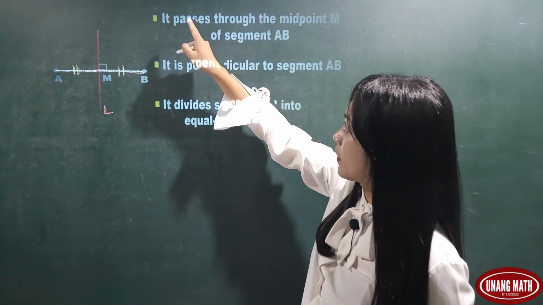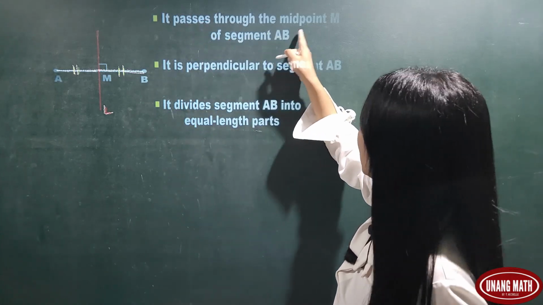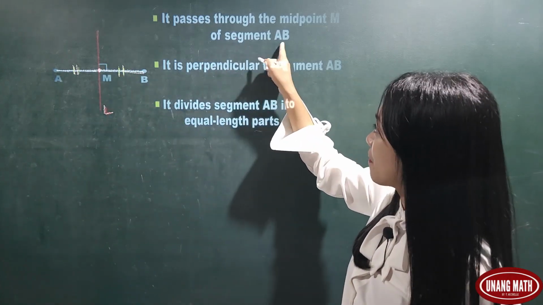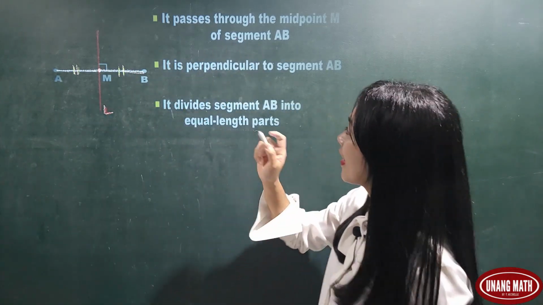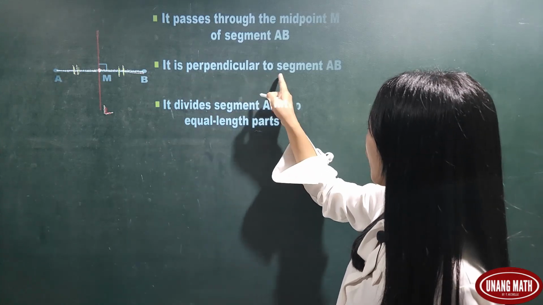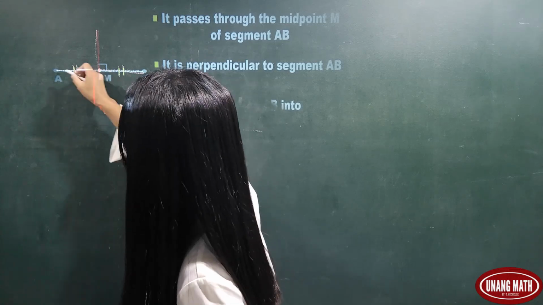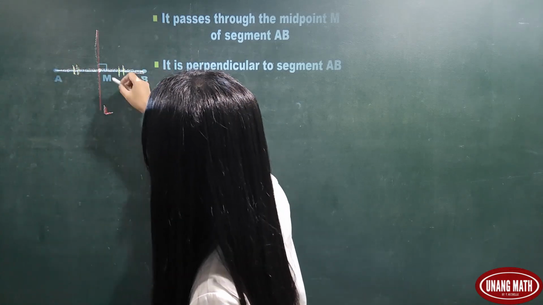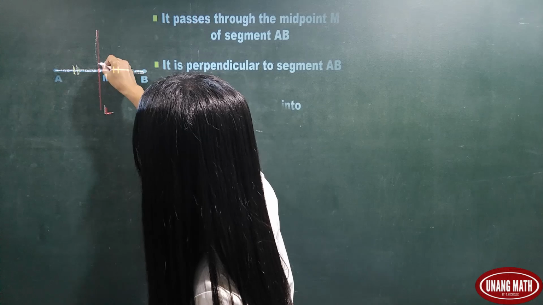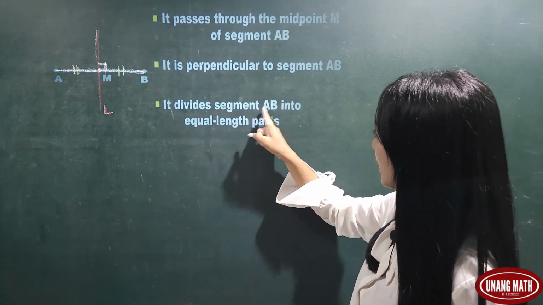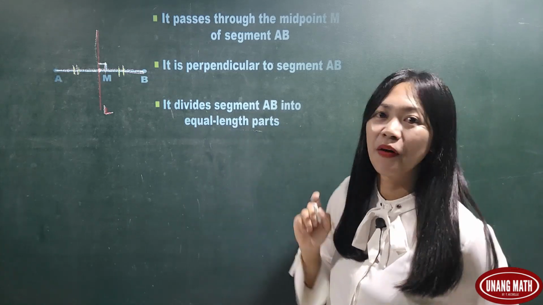So what are the properties of a perpendicular bisector? First, it passes through the midpoint M. So where's the midpoint? This point of segment AB. Next, it is perpendicular to segment AB, because there is a right angle formed. And it divides segment AB into equal length parts.